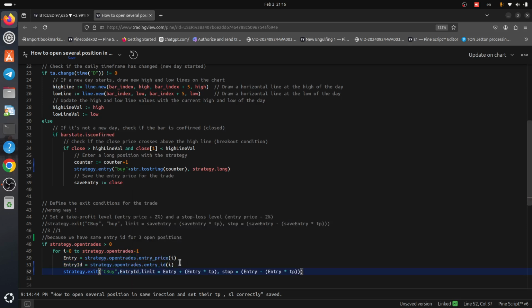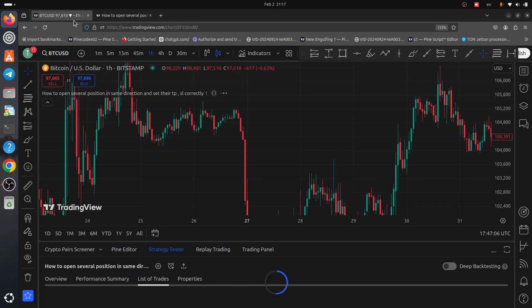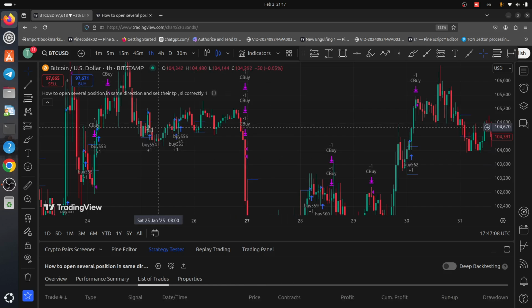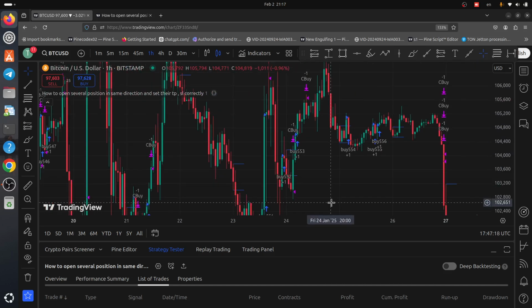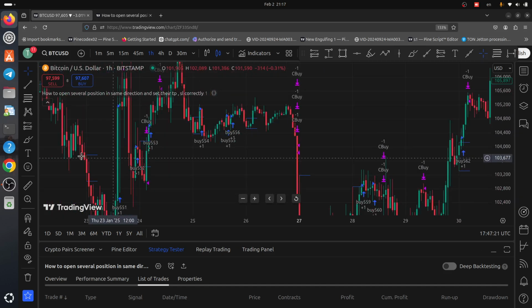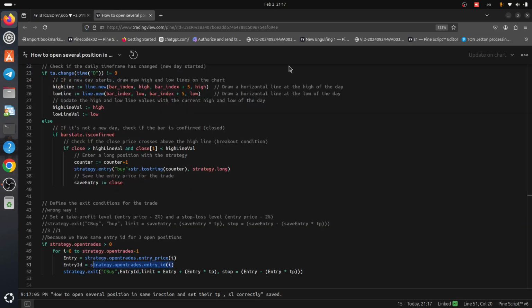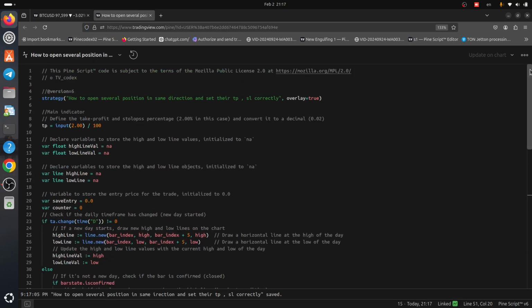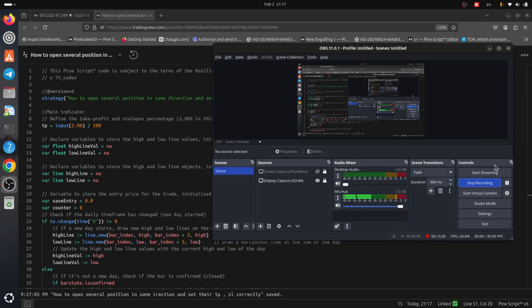With this function we got the entry ID, so we save it, and as you see, our problem is fixed. For every trade we have a separate close by, a separate and unique exit. So you understand how to open several positions in the same direction and how to set their TP and SL correctly. Have a good day.